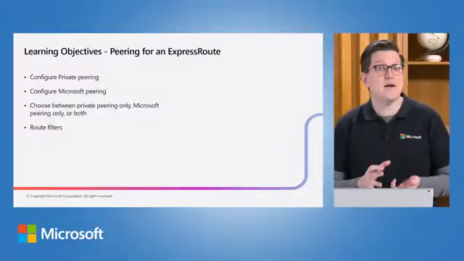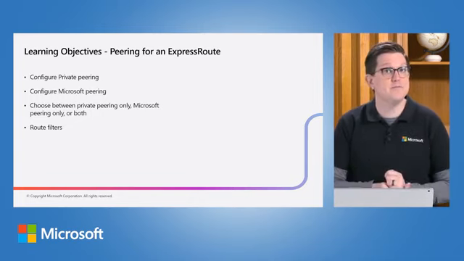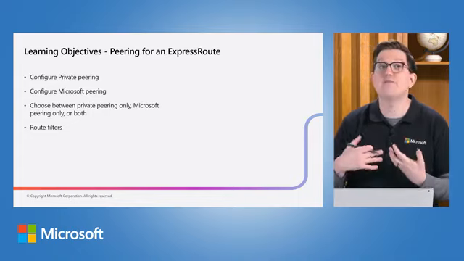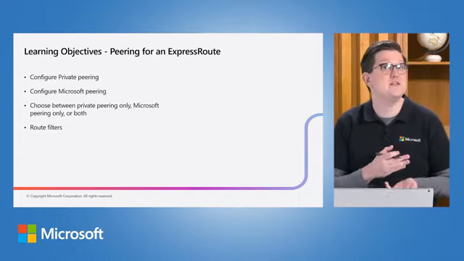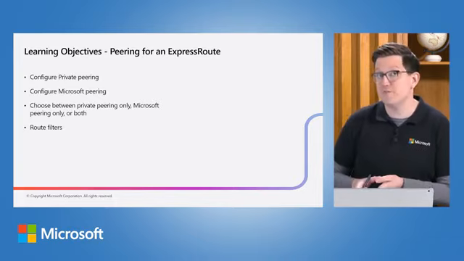We're going to be looking at ExpressRoute peering. This is something that you need to configure to choose what actually goes across your ExpressRoute circuits. There are two different types of peering we'll be looking at today. The first is private peering. This is what will handle your private IPv4 or IPv6 traffic. And the other type of peering we'll be looking at is Microsoft peering.